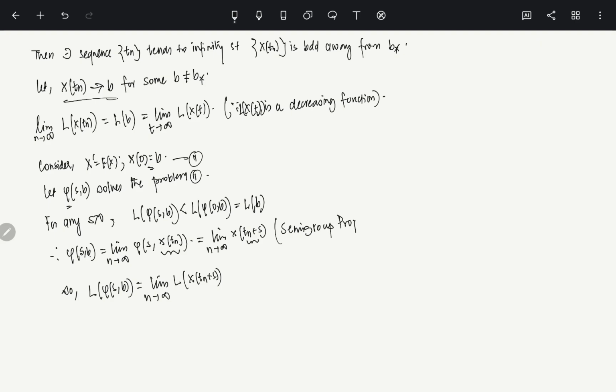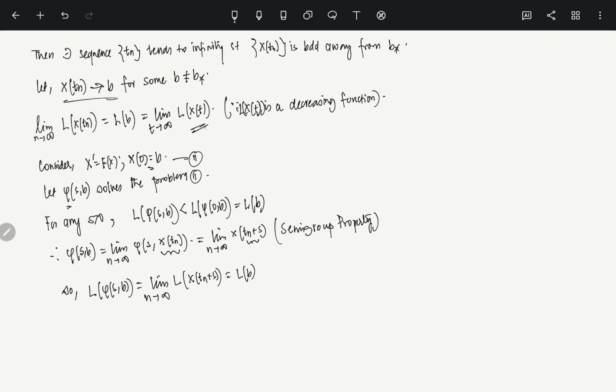We are just changing the initial data, from let's say x0 to x at the point Tn, that's what I am doing. So that is the limit as n tends to infinity of L of x of Tn plus s, which is nothing but L of b. As you take the limit inside, because L is continuous and x is continuous, we can take the limit inside. So if you take the limit inside, it's nothing but L of b.